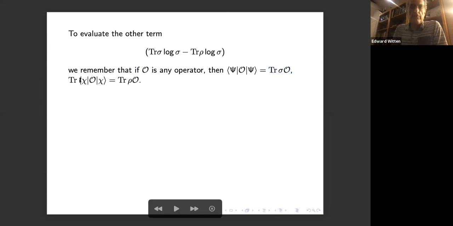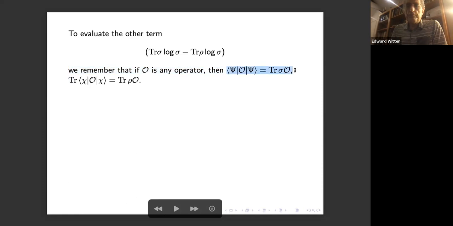Likewise, the expectation value of O in the state chi is just the matrix element of O, the expectation value of O in the state chi. Assuming O only acts in the Rindler wedge, it's the trace of O times the density matrix of the Rindler wedge.